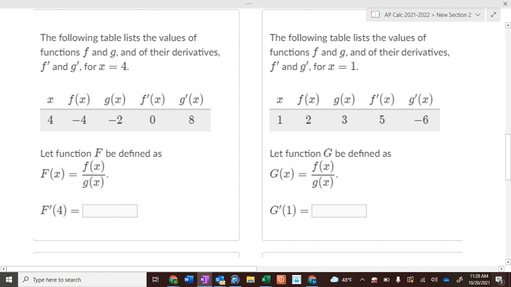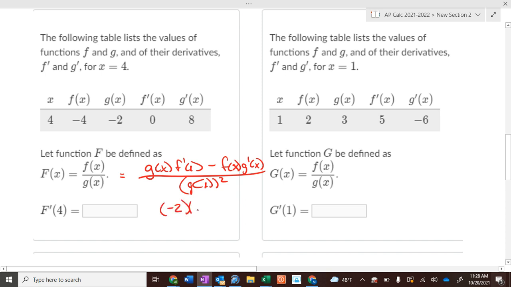But what if we have tables involved? These tables are easy, aren't they, Trey? So easy. All right. So this, if we wrote this out, this would be g of x, f prime of x, minus f of x, g prime of x, over g of x squared. So what's g of x?